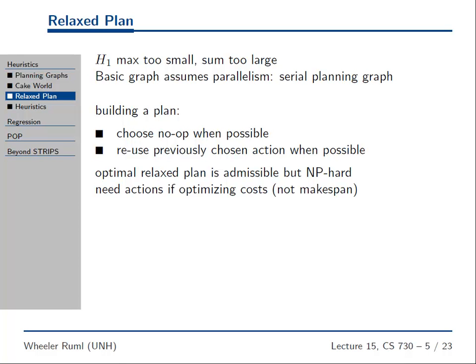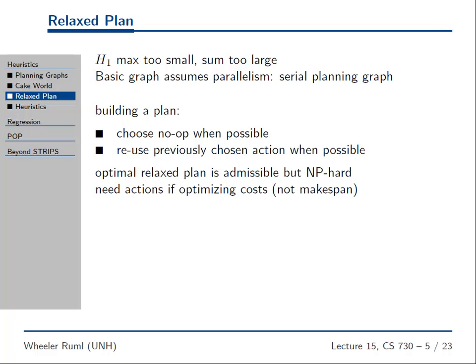We're going to do a real honest-to-goodness planning graph with mutexes. And we're going to keep going until either the graph levels out or all goal literals are non-mutex with each other. And then we're going to pick out actions that support the goal literals and collect them together and count how many they are. And that's the heuristic value. And you extract those actions by using no-op when you can.